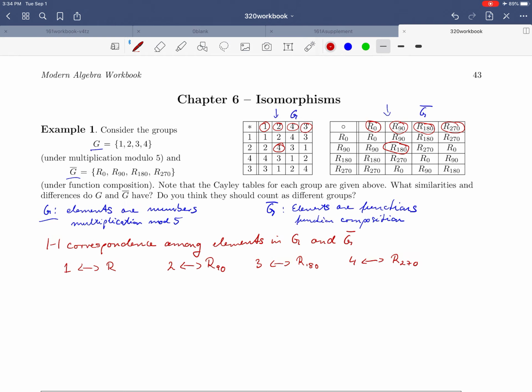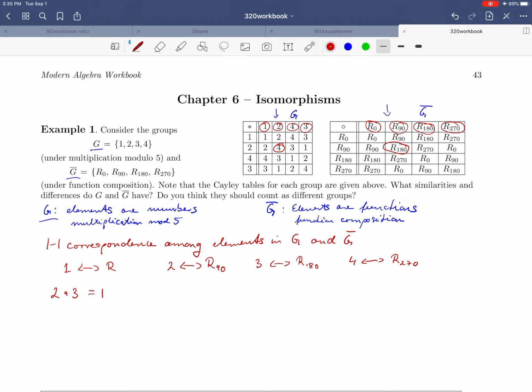What I mean is, when we identify elements in G with elements in G bar and do the group action in G, and then see what the corresponding group action in G bar looks like, they also correspond to each other. Let me show what I mean. 2 times 3 mod 5 is 1.